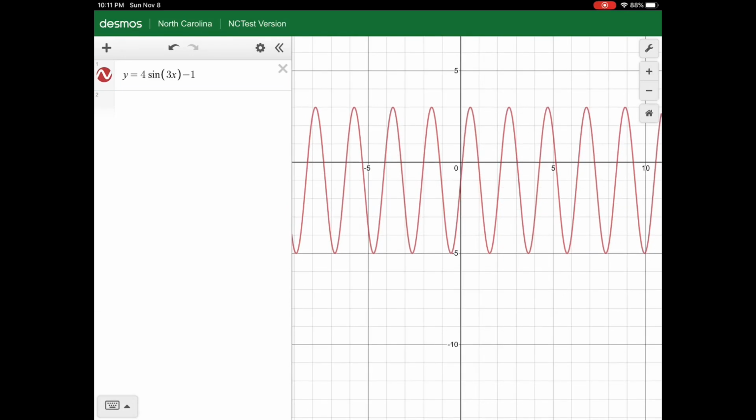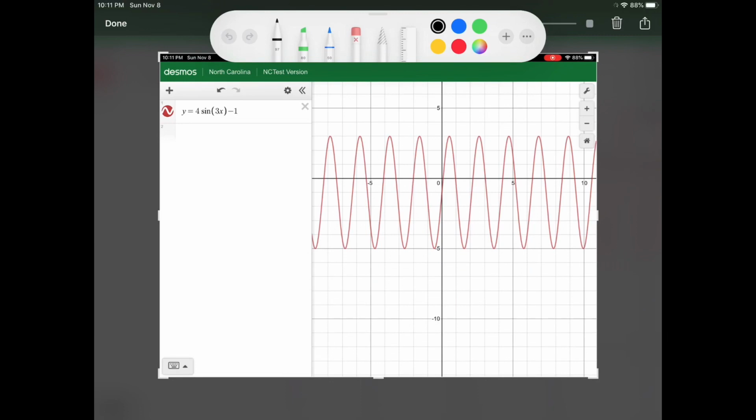All right, so again, we can see here, if I count my units, I have 3 units above the x-axis. And I'm actually going to take a screenshot so I can write on it. All right, so we have 3 units above. So right here, we have a distance of 3 units. And we have a distance of 5 units.